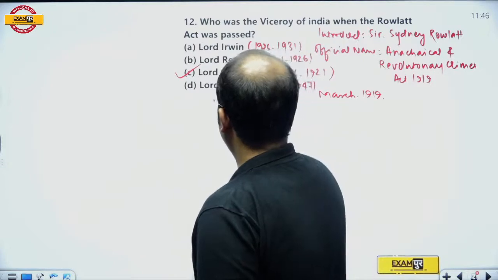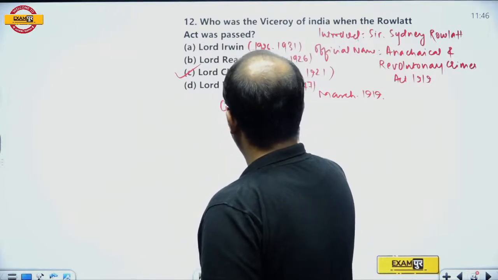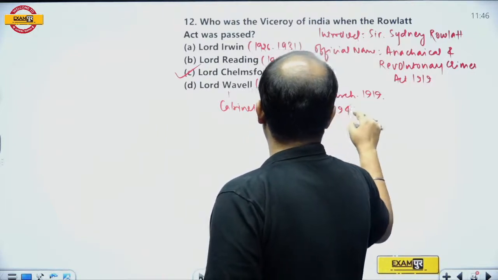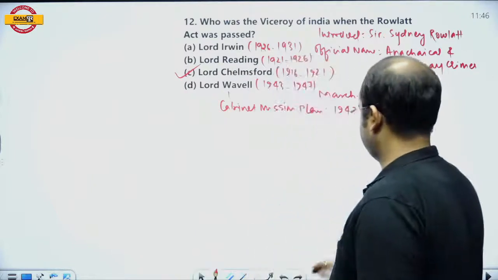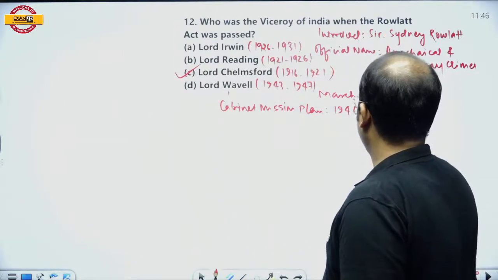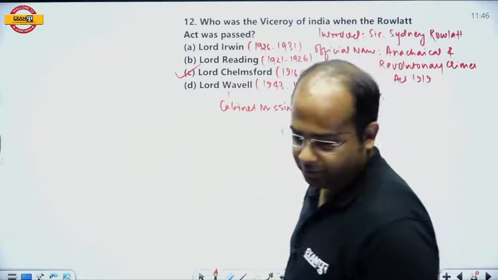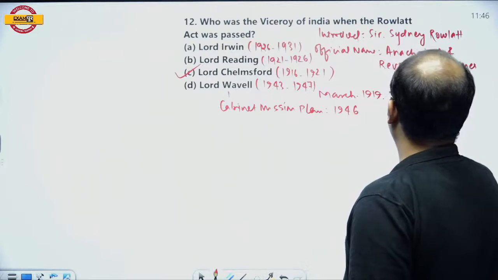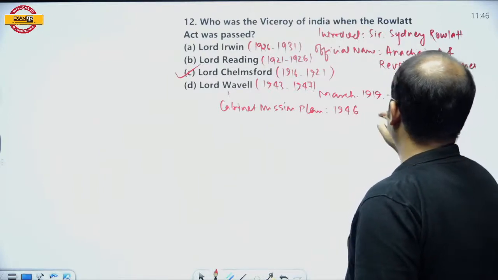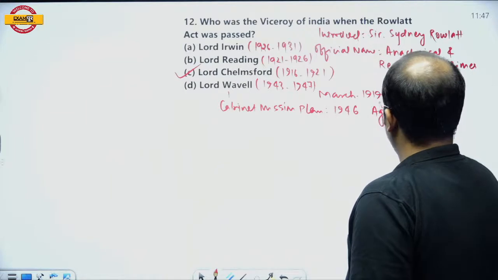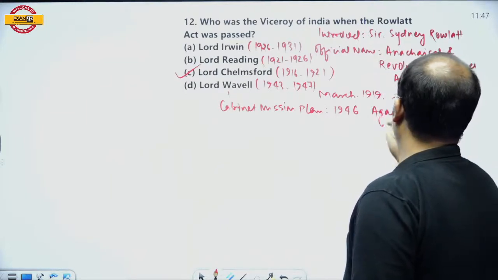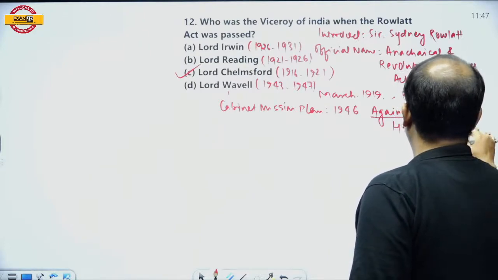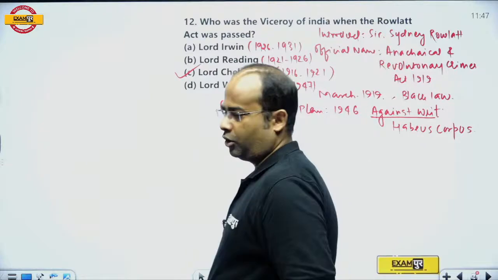The Cabinet Mission Plan came in 1946, in fact, during the time of Lord Wavell. The Rowlatt Act is also called the Black Law because it was against the writ of habeas corpus.